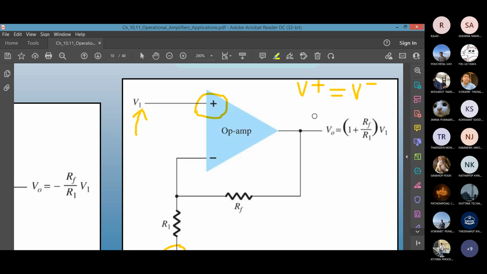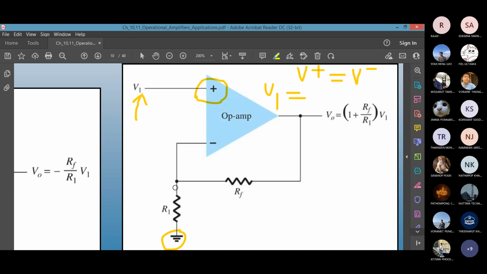What is V plus? It is V1, correct. What is the voltage of V minus? V minus is sensing this voltage. What is the voltage?